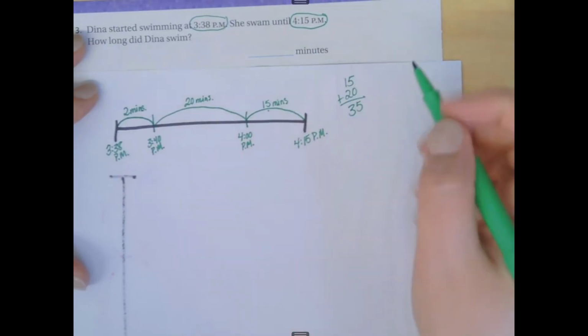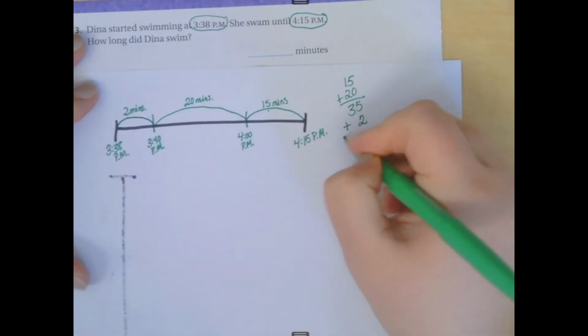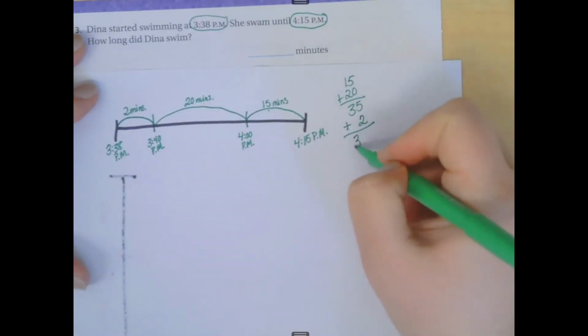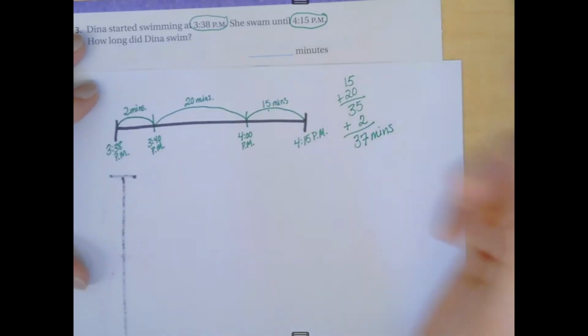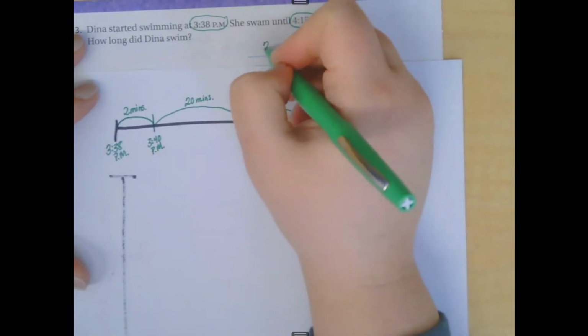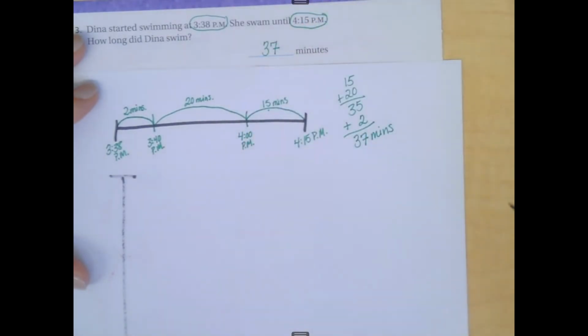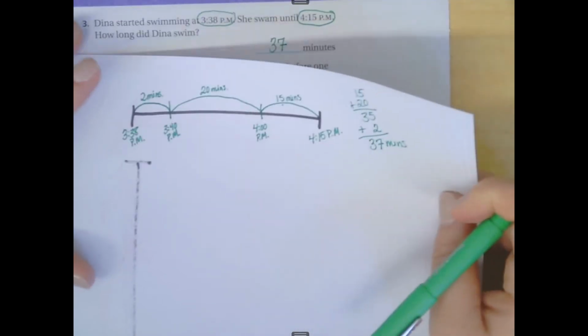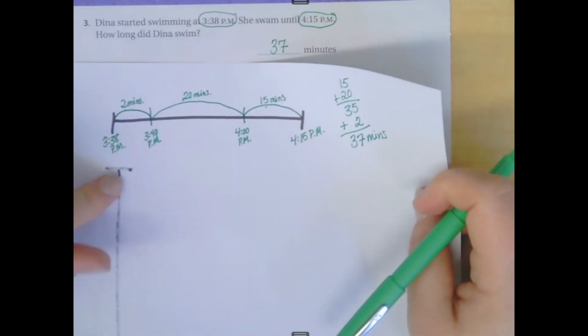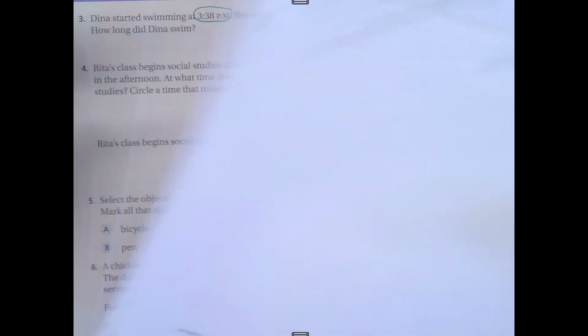And now I need to add 2. When I add 2 to it, I get 37 minutes. So Dina swam for 37 minutes. Anytime you're unsure of these questions, draw it out, my friends.